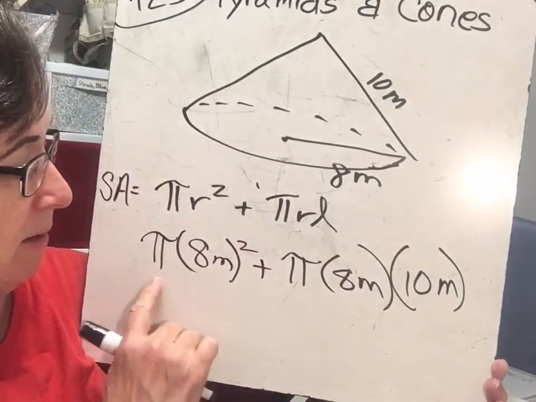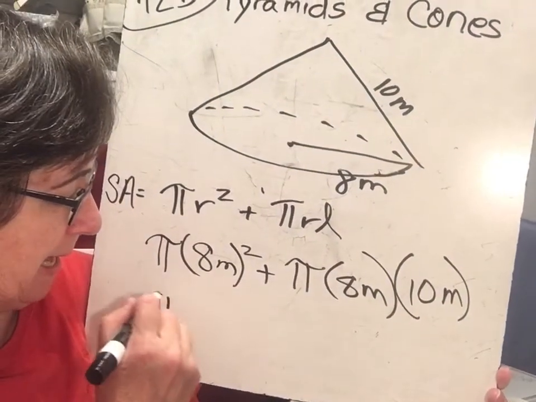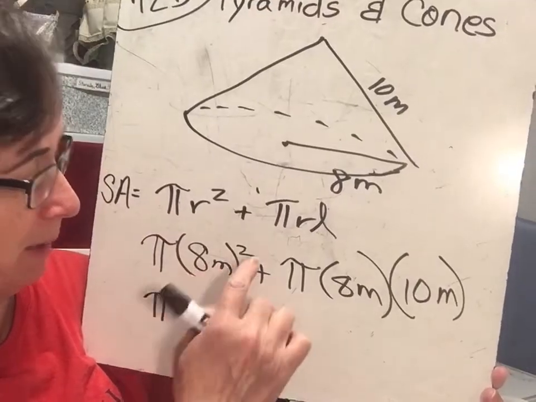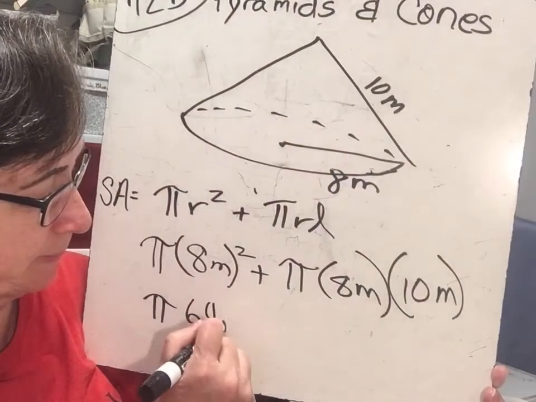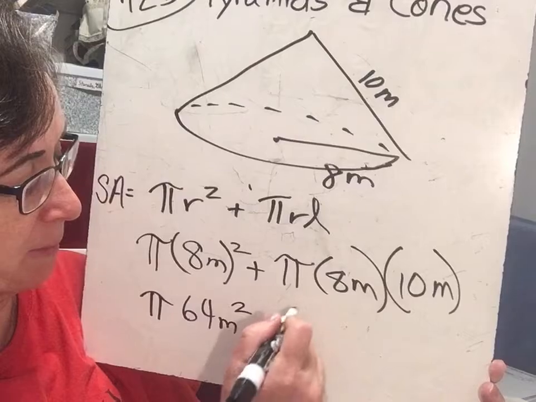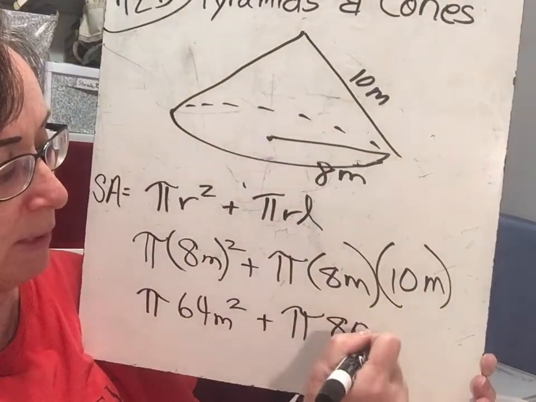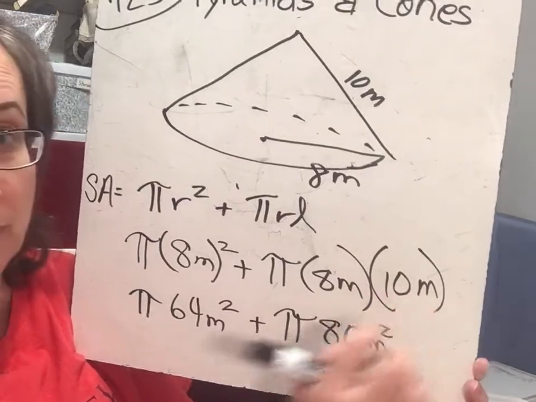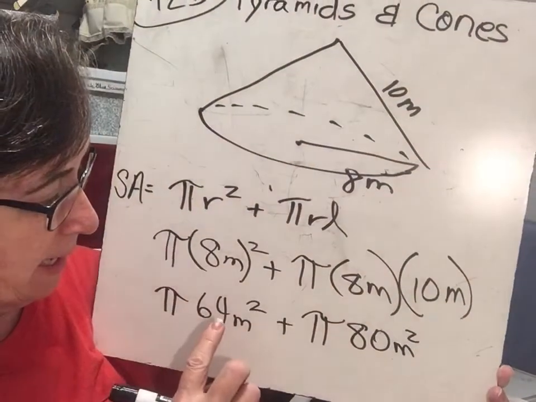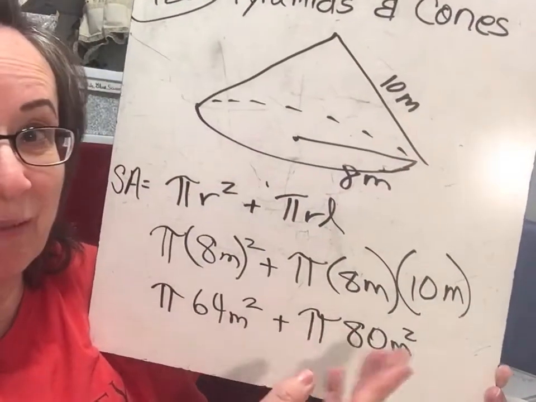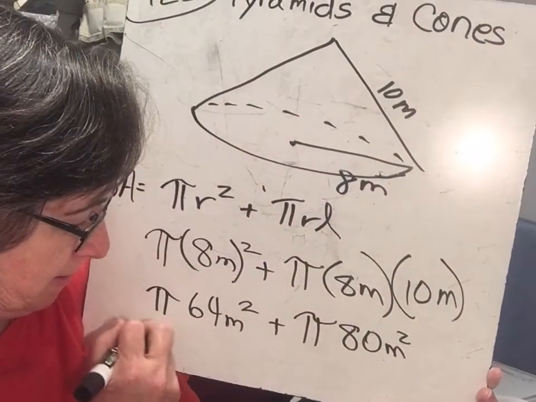Okay, so now let's do the math. So pi times 64 meters squared plus pi times 8 times 10, which is 80 meters squared, because we have meters times meters. So now we have a pi that we can pull out to the front.